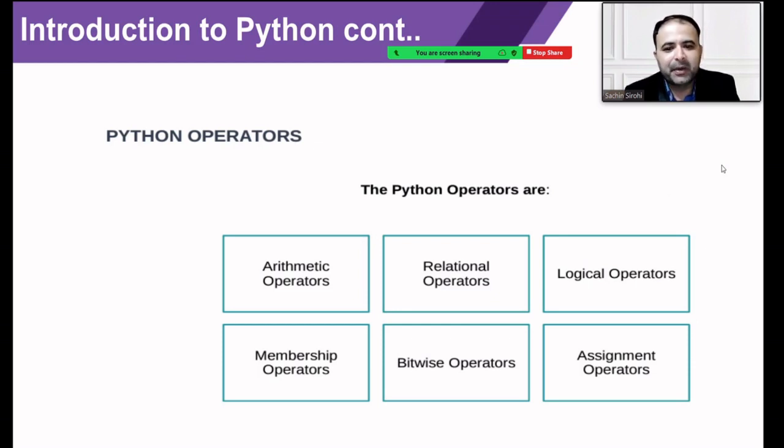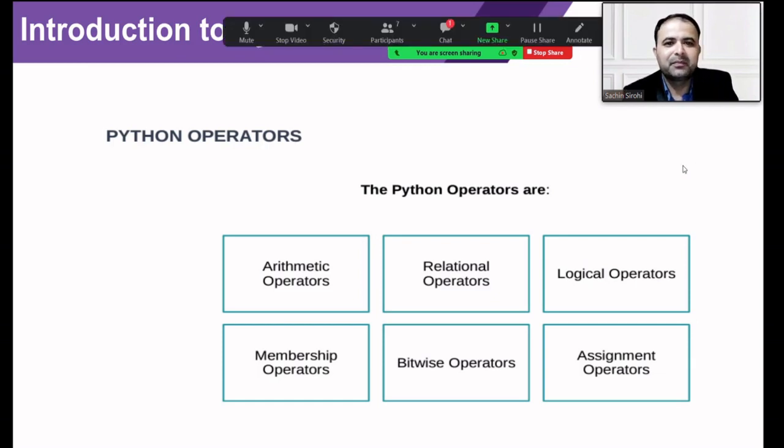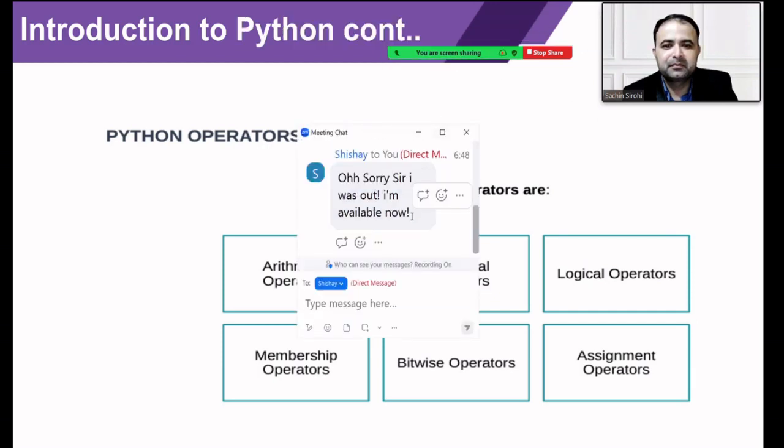So the arithmetic operators, relational operators, logical operators, membership, bitwise operators, and the assignment operators. So these are the operators in Python. With the help of these, I will perform some practical work one by one.